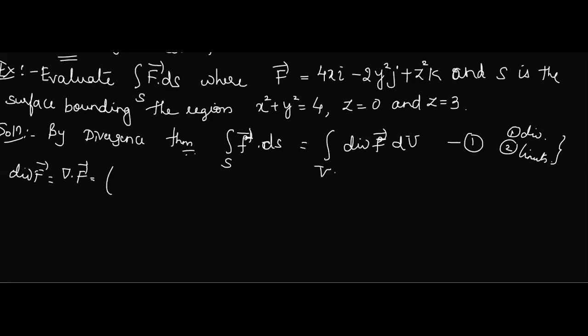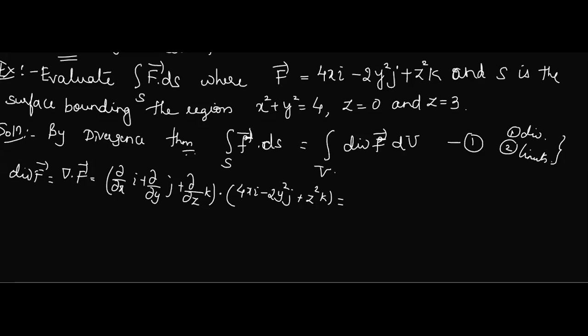Let us find it. Del means dou by dou x i, dou by dou y j, dou by dou z k. Dot product with F. F is 4x i minus 2y square j plus z square k. You know how to do the dot product: multiply corresponding coefficients. So dou by dou x operating on 4x, what do we get?